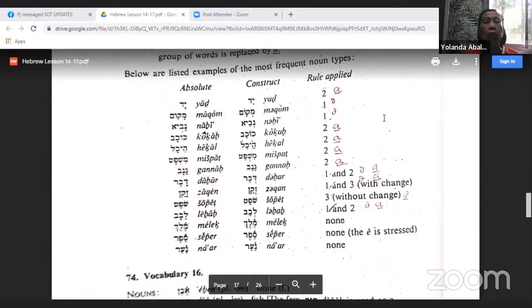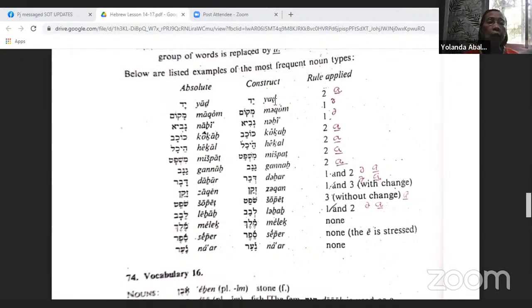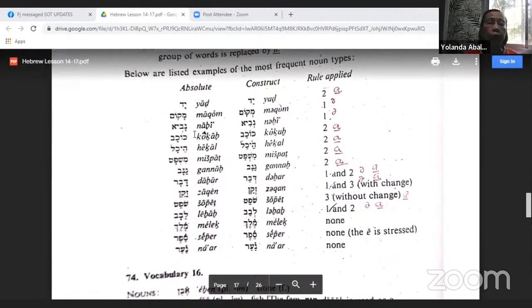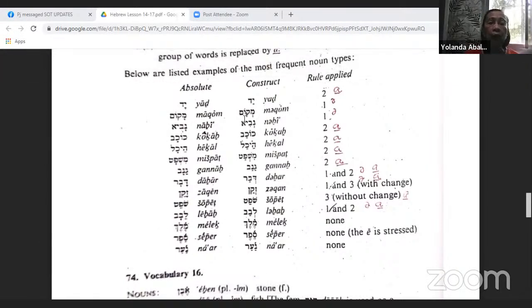So ano meron tayo? Yad, hand. Ito, Yad, the hand of. Makom. Mekom, the place of. Nabi. Nevi, a prophet of. A place of, a prophet of. Kokab, star. Kokab, a star of the sky.